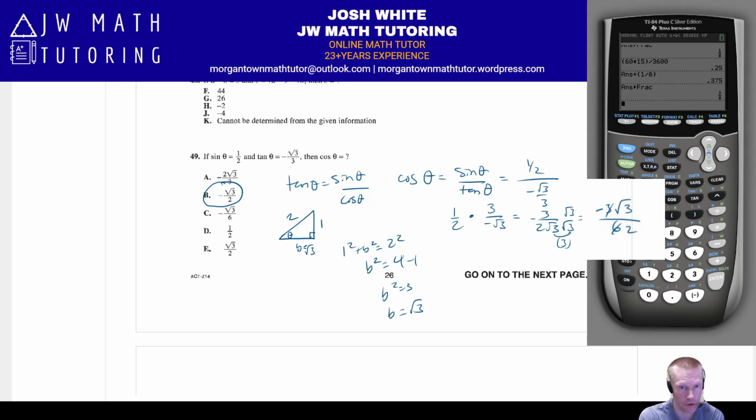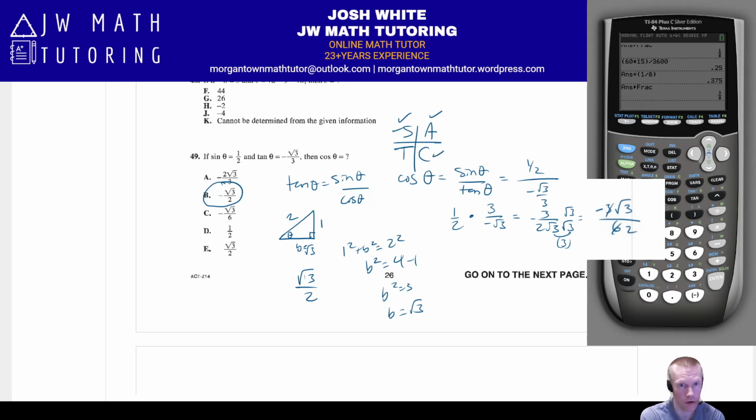And now you could do the cosine of this angle, which is just going to be adjacent over hypotenuse, root 3 over 2. However, here is the one thing that you must remember and must keep in mind. It's basically this ASTC thing. The sine is positive. That means we are in quadrant 1 or quadrant 2. But the tangent is negative. That means we are in quadrant 2 or quadrant 4.